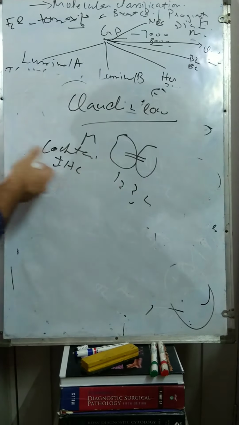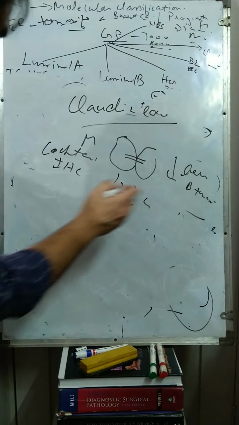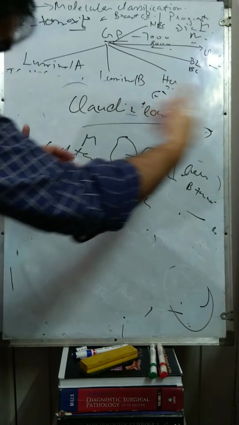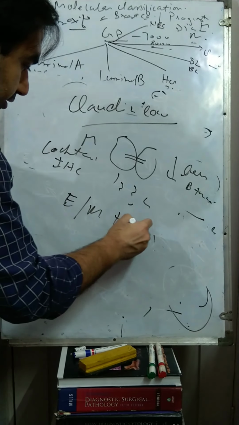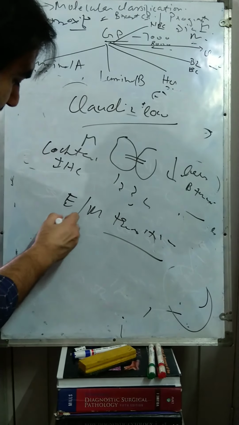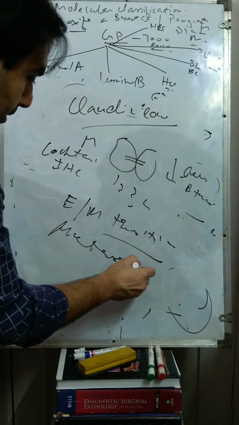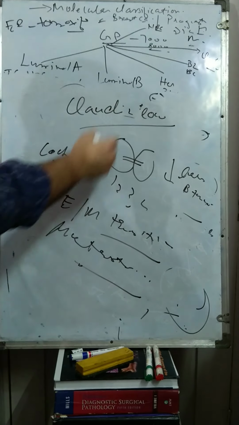Claudin is less expressed in certain breast tumors. Why is this important? This eases the tumor to go for epithelial to mesenchymal transition, so more metastasis and bad prognosis. That is the importance of the Claudin low subtype.